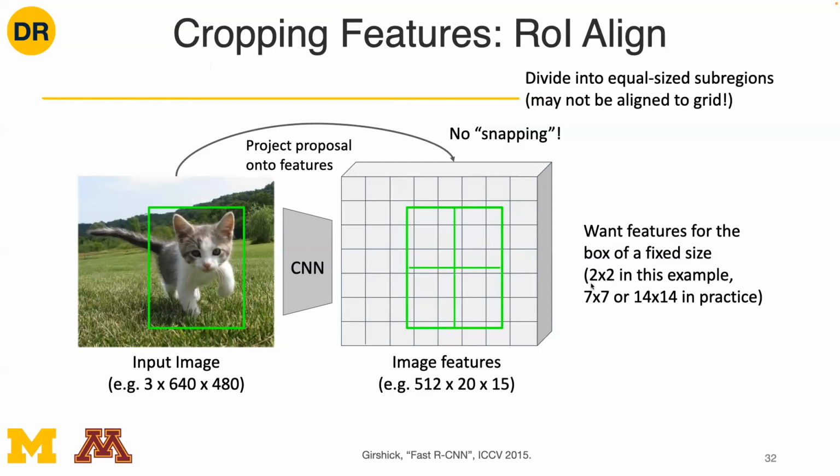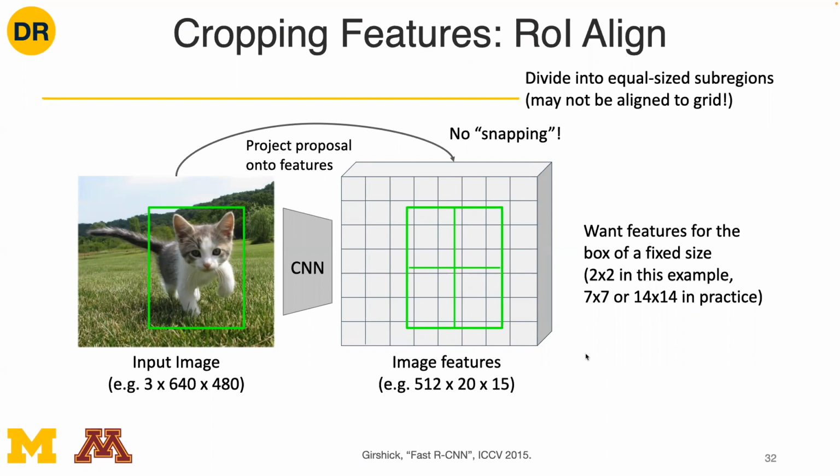So in this case, we want a 2x2 output, and RoI Align will make sure that each of the 2x2 subdivided windows in this feature map region of interest has the same area over the feature map spatial dimensions. So it's going to try to represent every portion of the input image with the same feature information, at least up to this point.